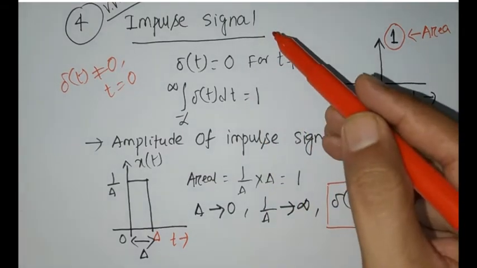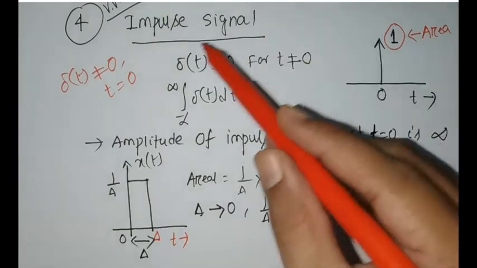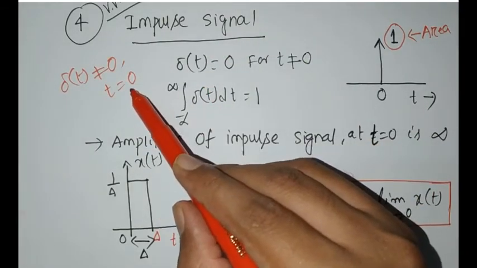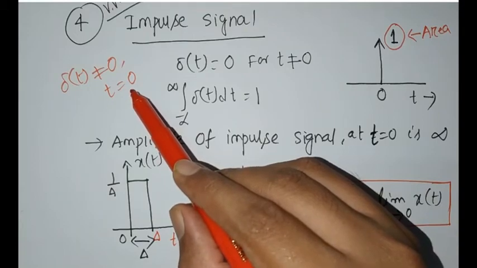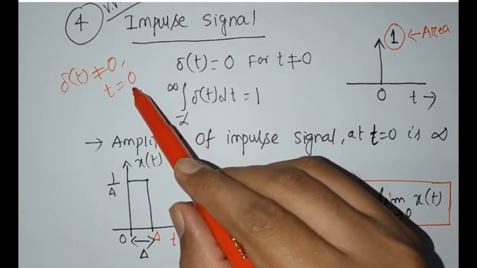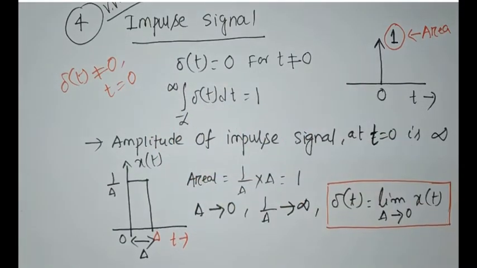But here the impulse signal is defined for t equals 0. So from here it is clear that it's not a practical signal. The impulse signal practically does not exist. This is very, very important.